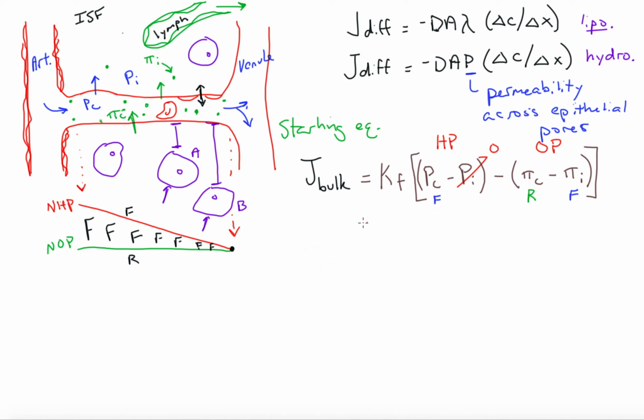So I'm going to draw another capillary, but this one's arterial end is going to be constricted. I'm going to shrink it a little bit so I have room. So this capillary's arterial is constricted.